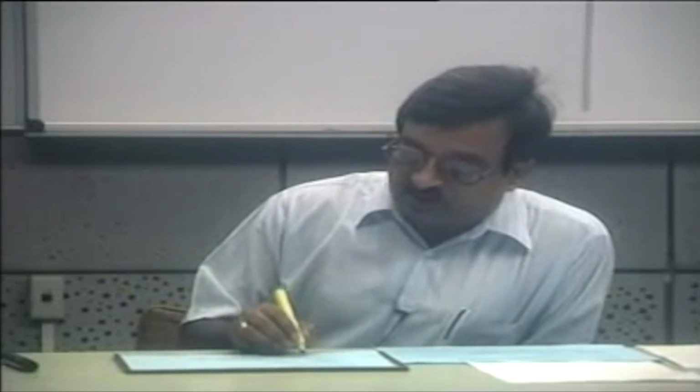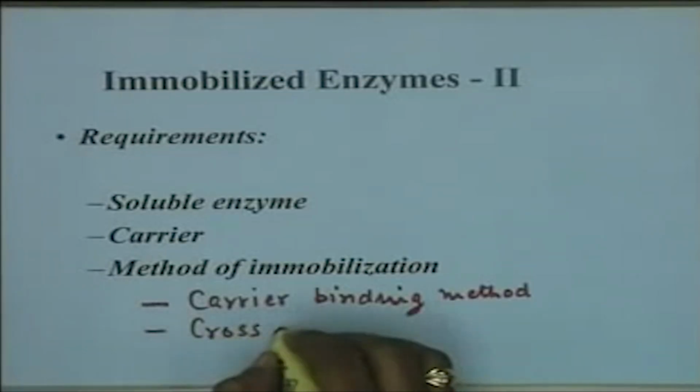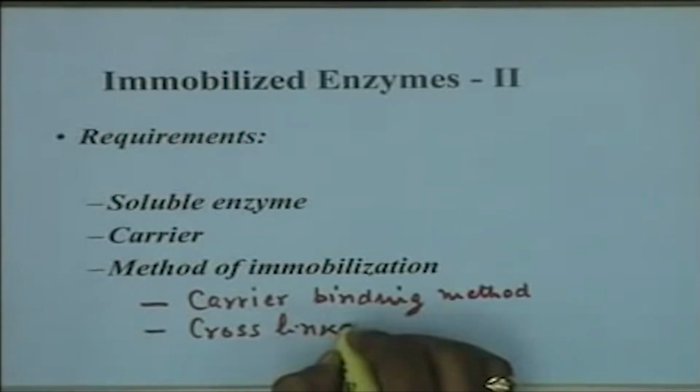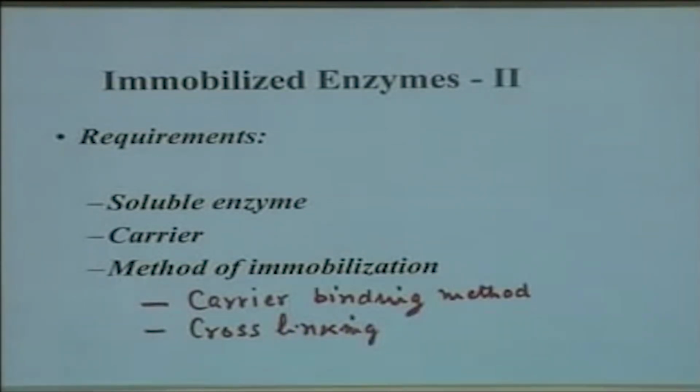The other method is cross linking. As you know, the enzymes themselves possess a large number of functional groups which can be made to react to each other, thereby aggregating the molecules and making them insoluble in water. The aggregates will be insoluble and they can be used as an immobilized preparation, which can be readily separated from the liquid phase.